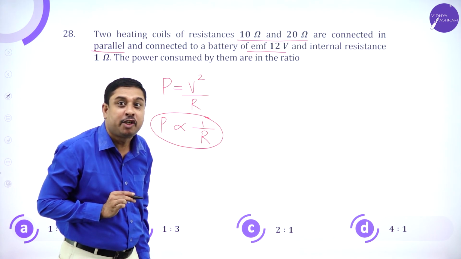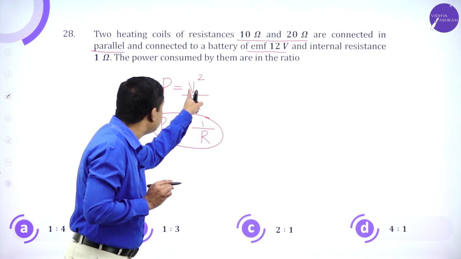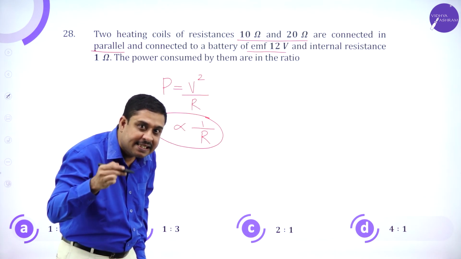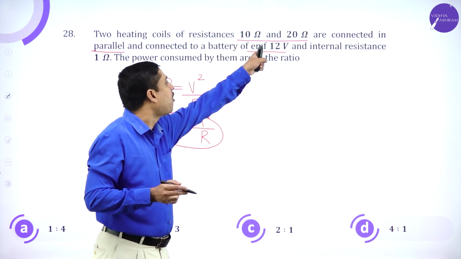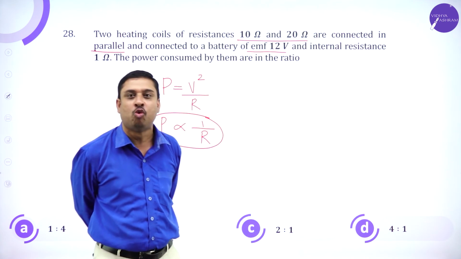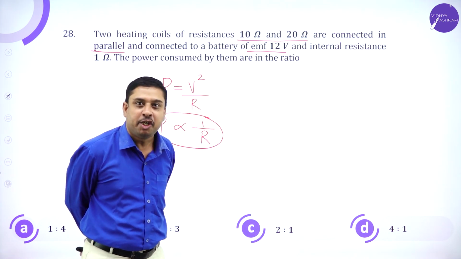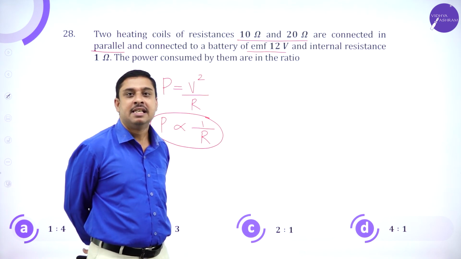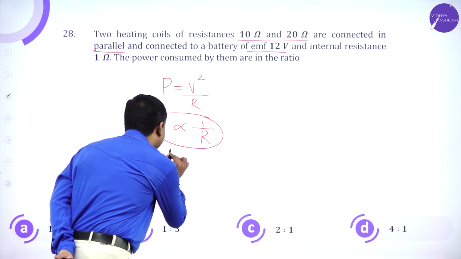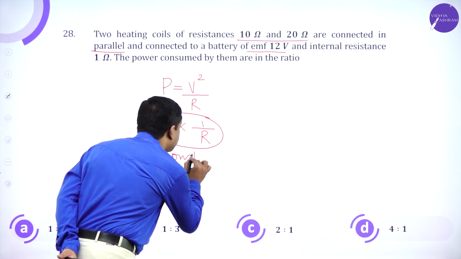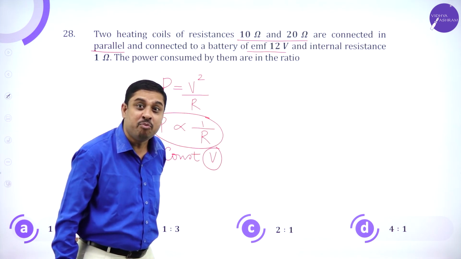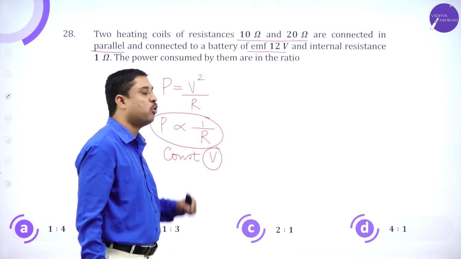If they were connected to different sources, then I cannot simply ignore V. I am not considering V because both of them are connected to a source whose EMF is 12 volts. This expression holds good only for constant voltage. If EMF had changed, then I could not support this relation.